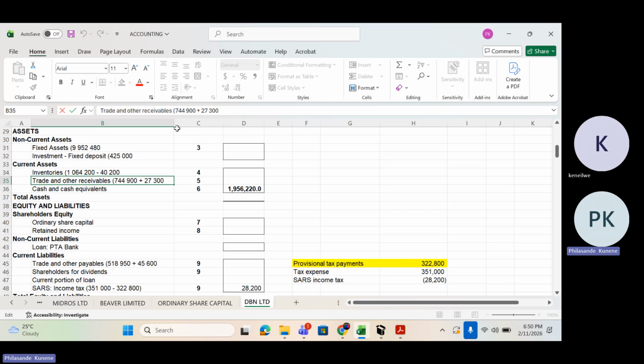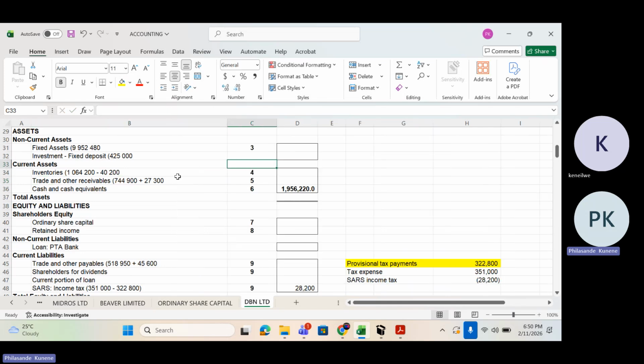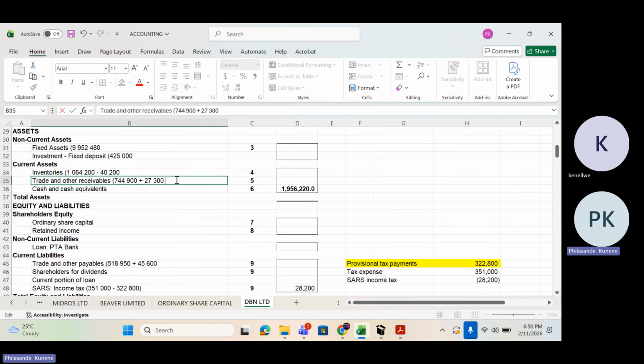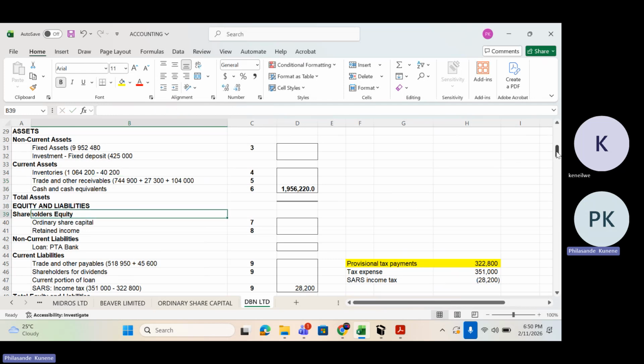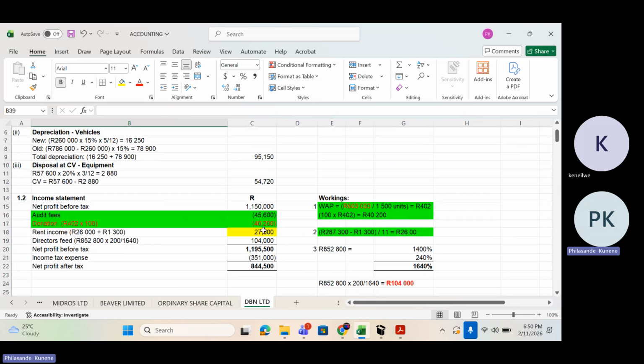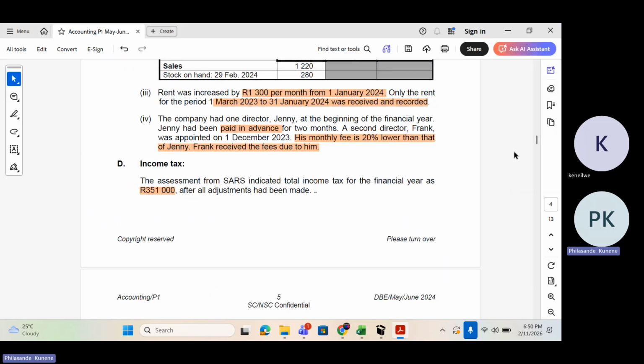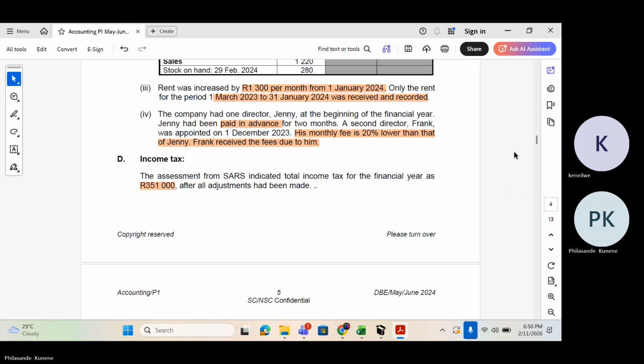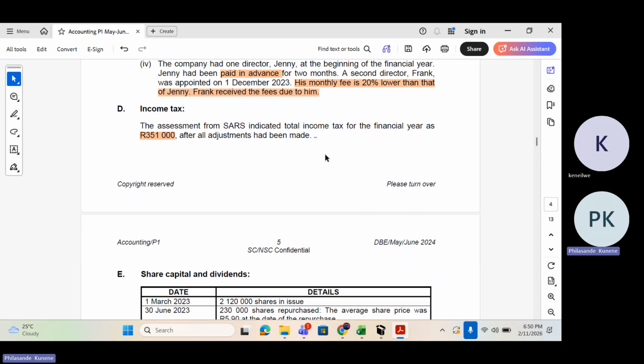So which means now I'll carry on here and say plus 104,000 rands, which is the same as the amount that we calculated there. Then we carry on to income tax.